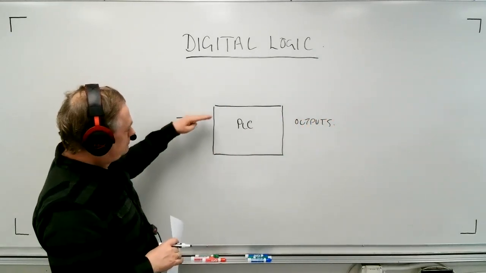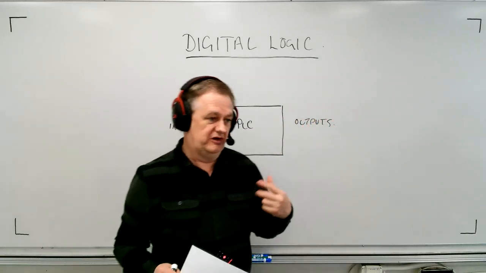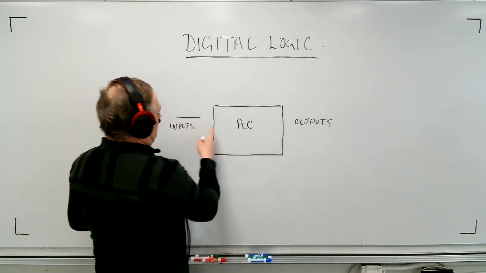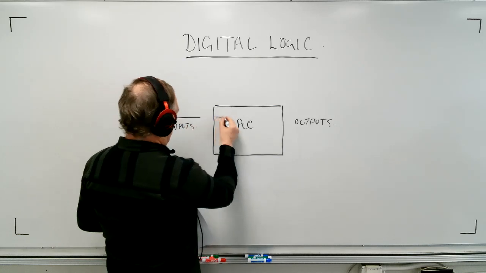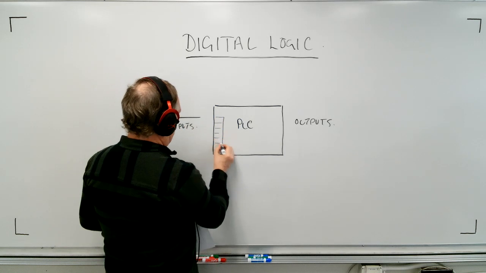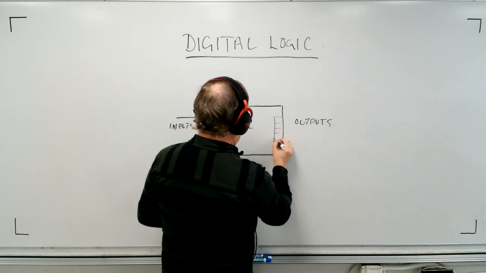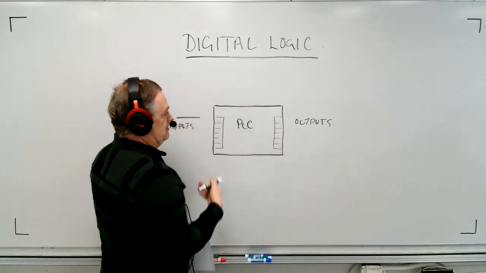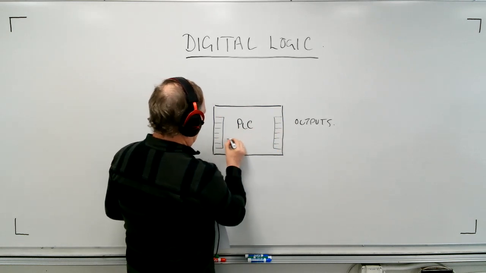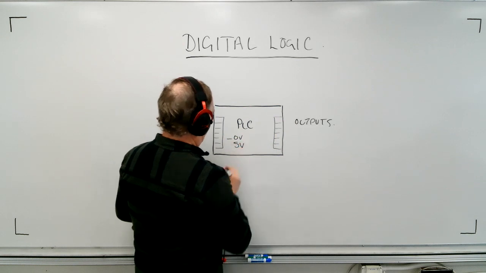Your inputs could be analog inputs, they could be discrete, just 1 or 0. But in any case, once those signals have come into the PLC, they're converted inside into data registers, and that's done by a signal that is essentially 0 volts or 5 volts.